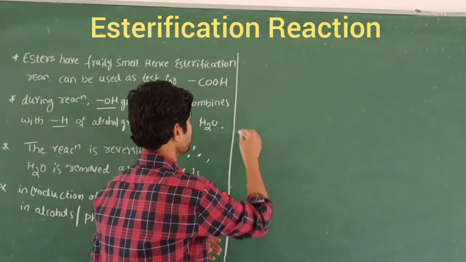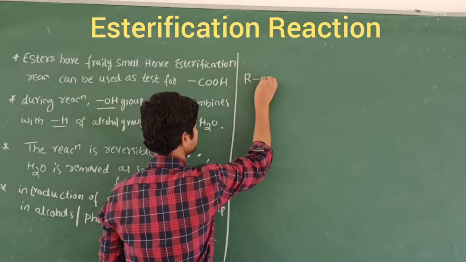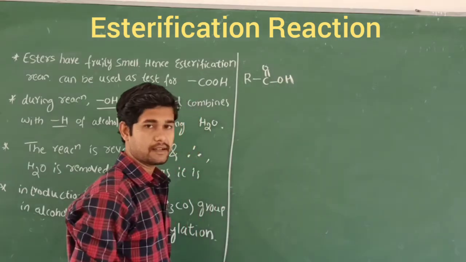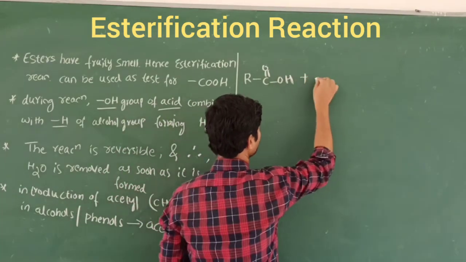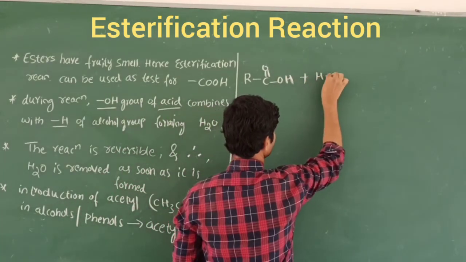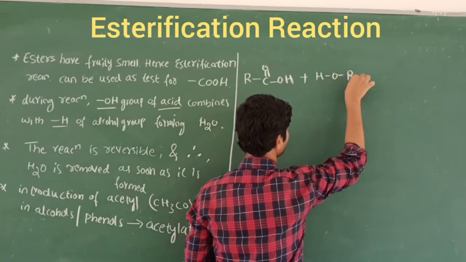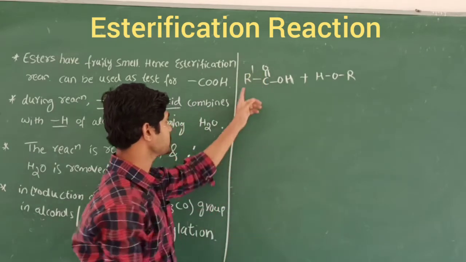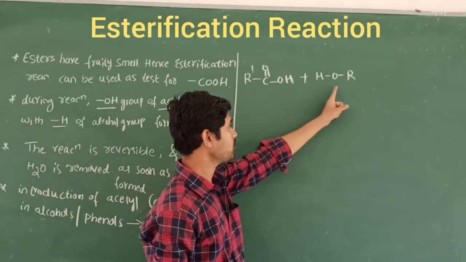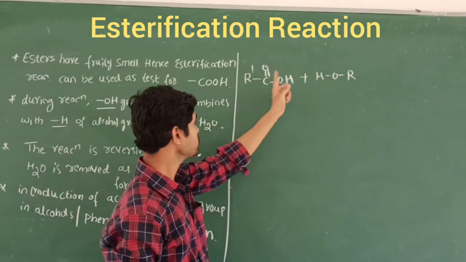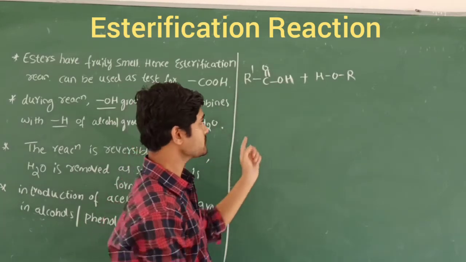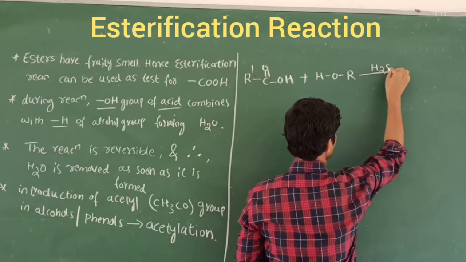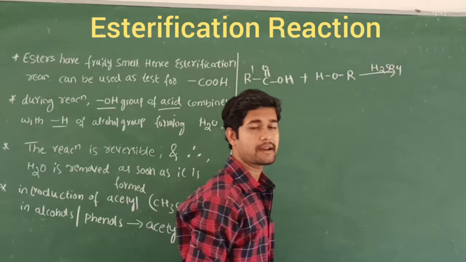So let's see here. First I take this acid, called carboxylic acid. Whenever the carboxylic acid is treated with the alcohol, ROH, which is nothing but alcohol, that is, if I take this R' and this is the R, in the presence of concentrated H2SO4, which is a dehydrating agent.